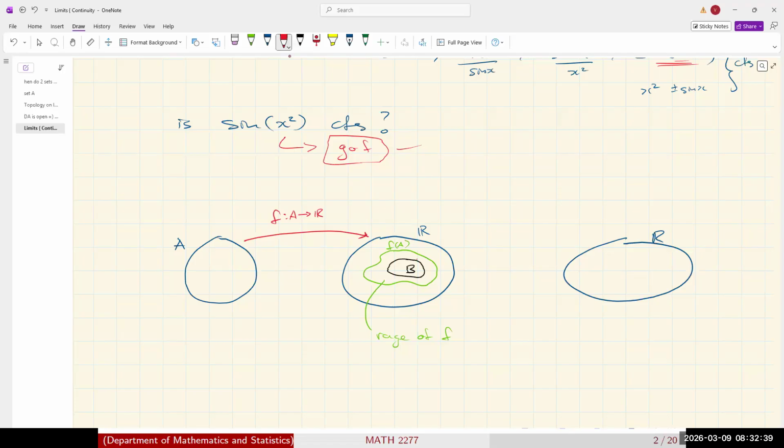Okay, so now on B, I'm going to define a function g. Again, the reason why we need this is so that the composition of g with f makes sense.